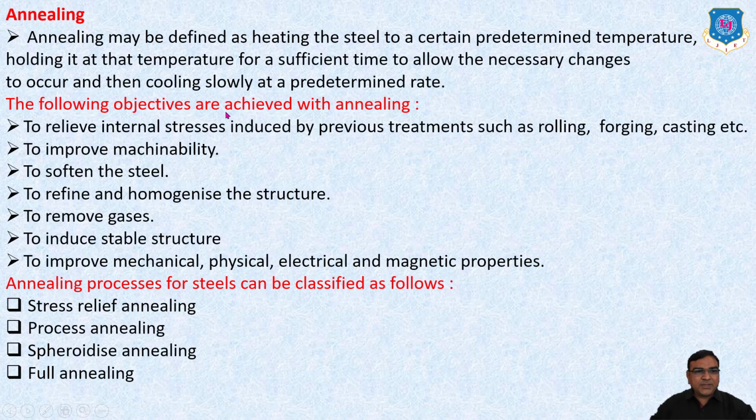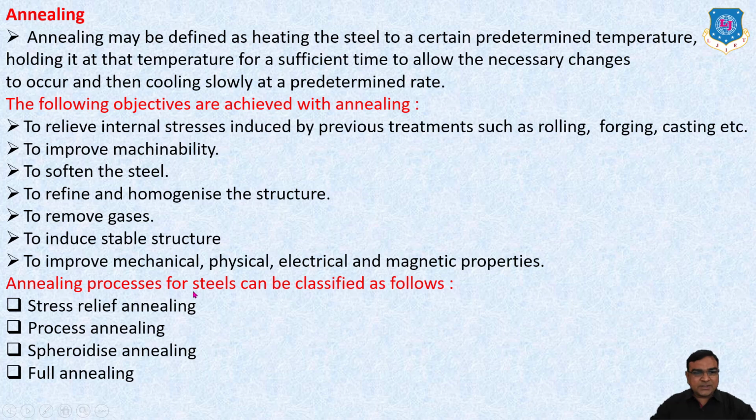The following objectives are achieved with annealing: to relieve internal stresses induced by previous treatment such as rolling, forging, casting, etc., to improve machinability, to soften the steel, to refine and homogenize structure, to remove gases, to induce stable structure, to improve mechanical, physical, electrical, and magnetic properties.